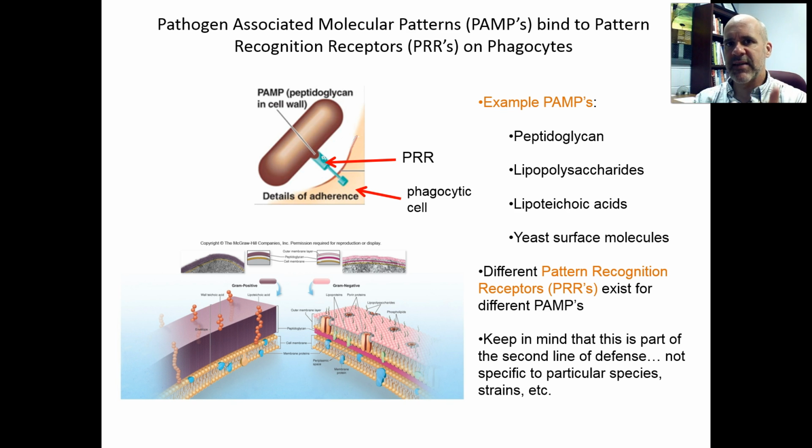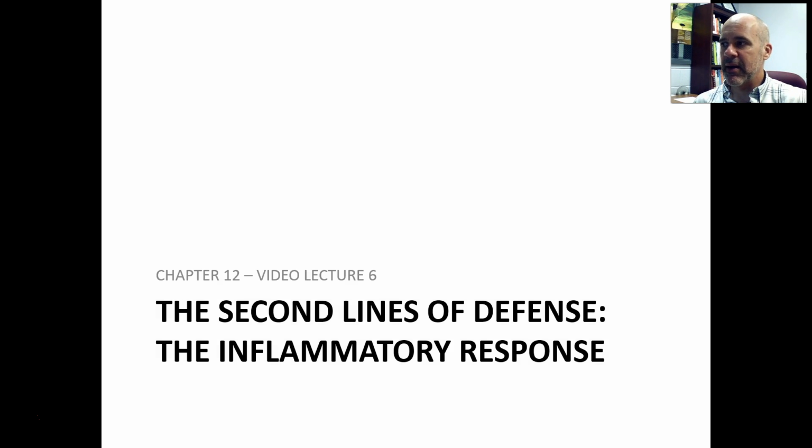They're very, very specific molecules that may be unique to a particular type of microorganism. PAMPs are things like this that you would find on many, many different microorganisms. So PAMPs are considered to be markers that are used as part of your second line of defense.